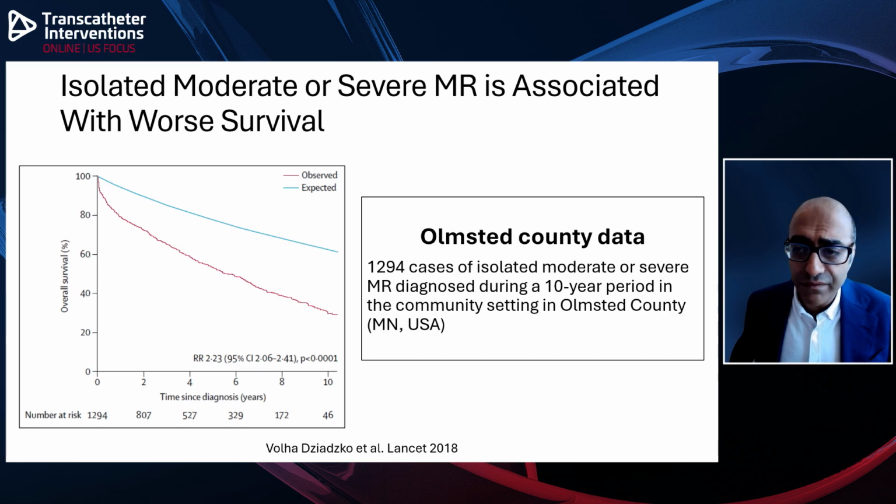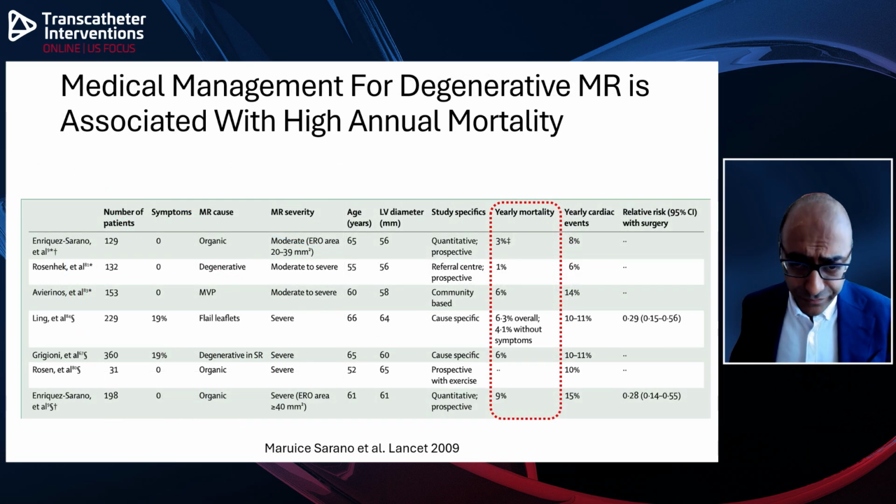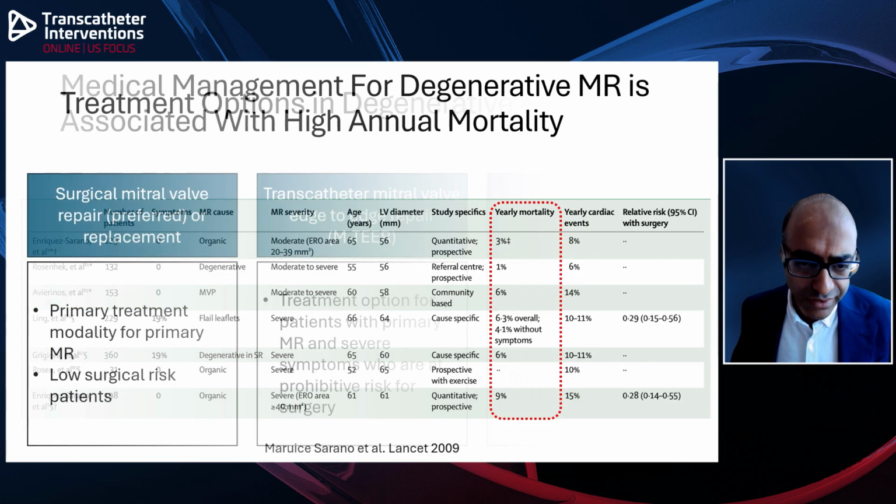So it's associated with bad outcomes. Here's a summary of the different population-based studies of degenerative MR with medical management. And the annual mortality in the population, depending on the study, ranged from 3% to as high as 9% in these studies.